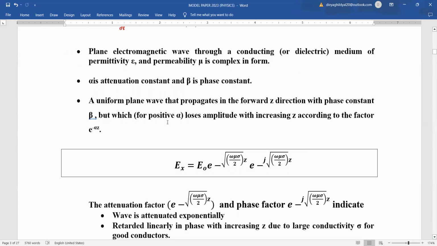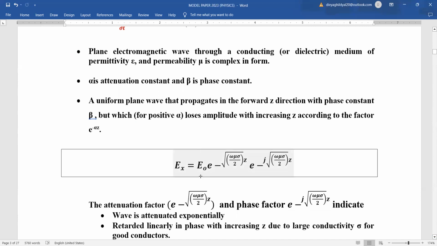Then a uniform plane wave that propagates in the forward z direction with phase constant beta, but which for positive alpha loses amplitude with increasing z, is given by Ex equal to E naught e to the power of minus under root omega mu sigma divided by 2 into z, into e to the power of minus j under root omega mu sigma divided by 2 into z.